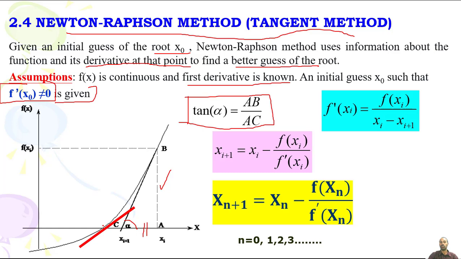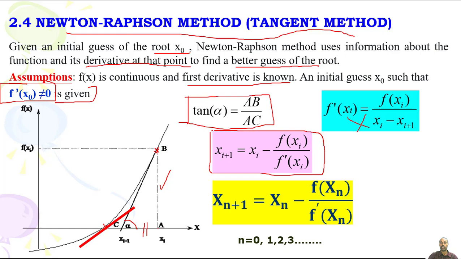Which means you have the derivative of the function at any point. f derivative at xi, which is at this point, will be f of xi, for example, divided by xi minus xi plus 1, this one. You see? Just dy by dx, which means changing y by changing x. So if you cross-multiply this one, you will get this equation.